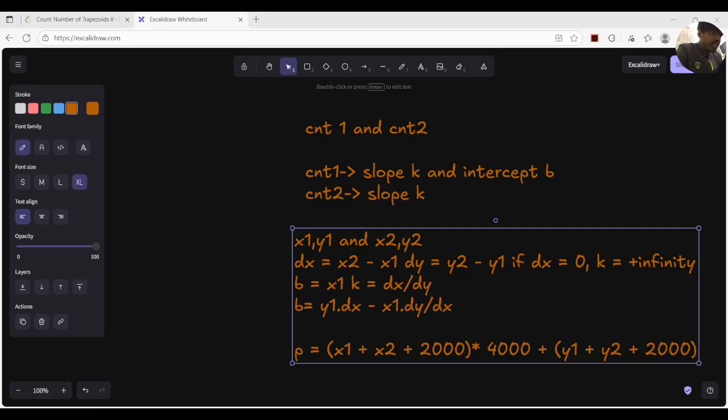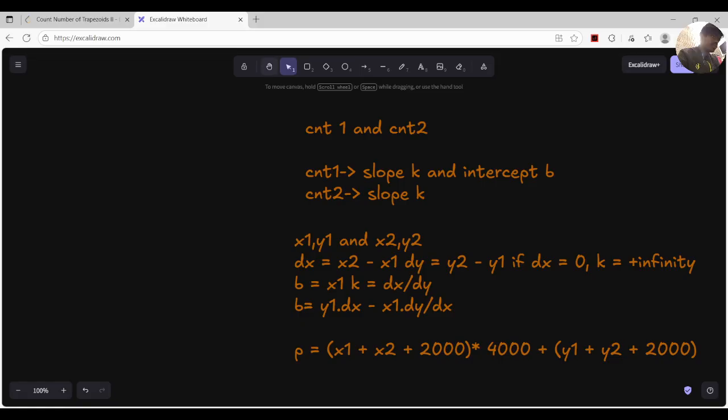Finally we iterate through cnt2, and for each midpoint coordinates p we calculate the sum of all pairwise combinations of the occurrence counts of slope k and subtract it from the answer. I think you can understand, right?